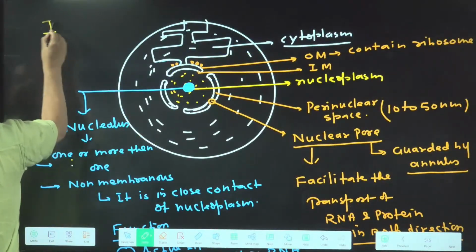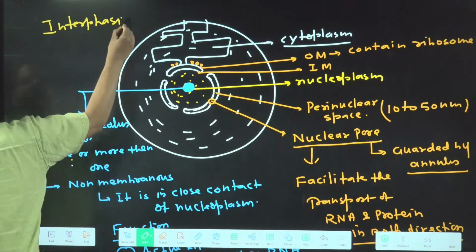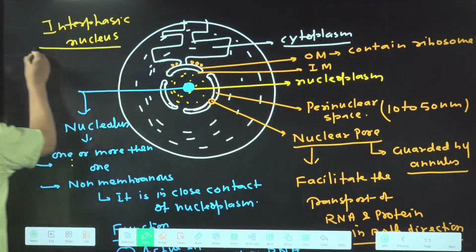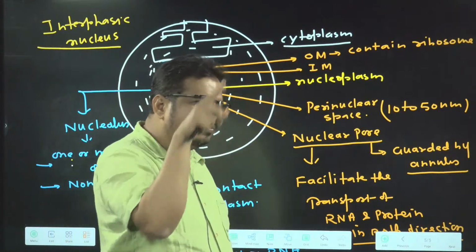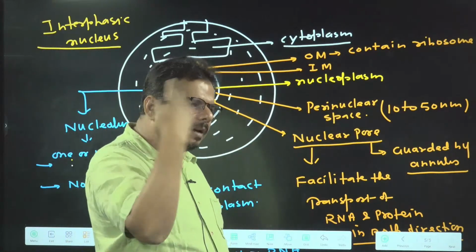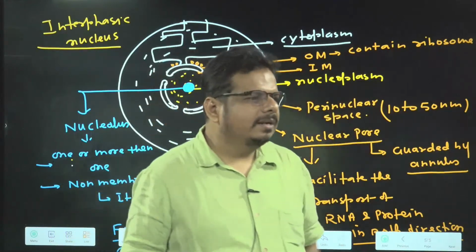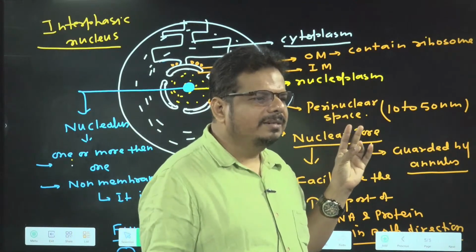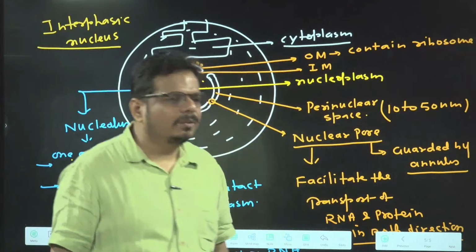Keep in your mind, because the nucleus is not present every time in the cell. Nucleus is present in interphase. It disappears, degraded in late prophase. Not present in metaphase, not present in anaphase. It regenerates in telophase.